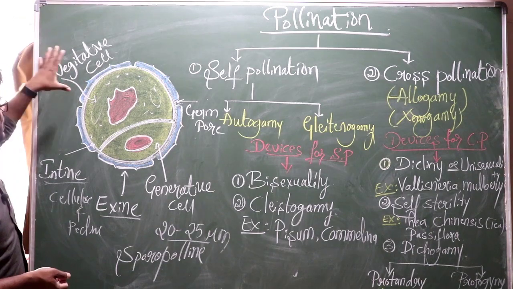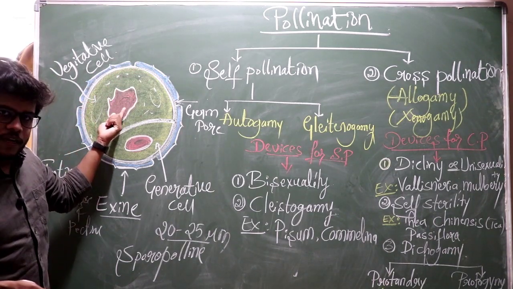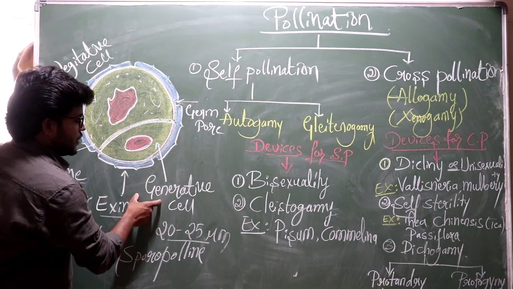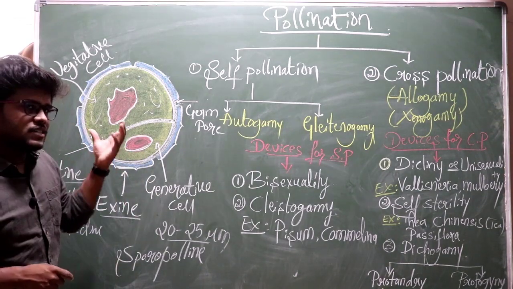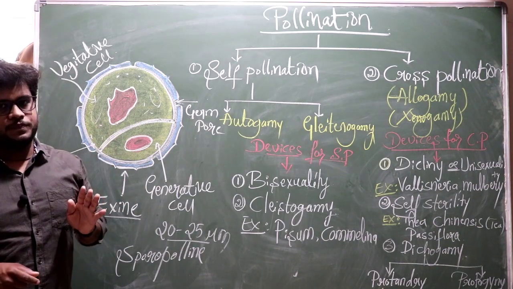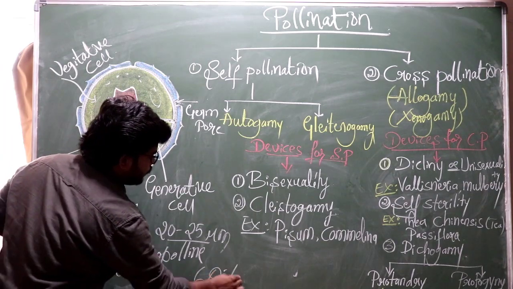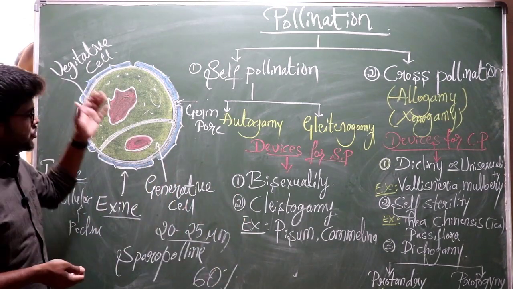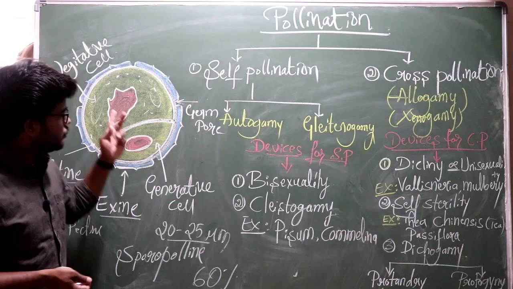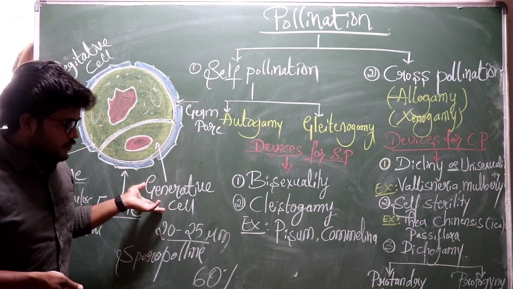The vegetative cell is large in size and has an irregular nucleus. The generative cell is small in size, spindle shaped and contains dense cytoplasm. About 60% of the pollen grains usually shed at the two-celled stage, that is, one vegetative cell and one generative cell.